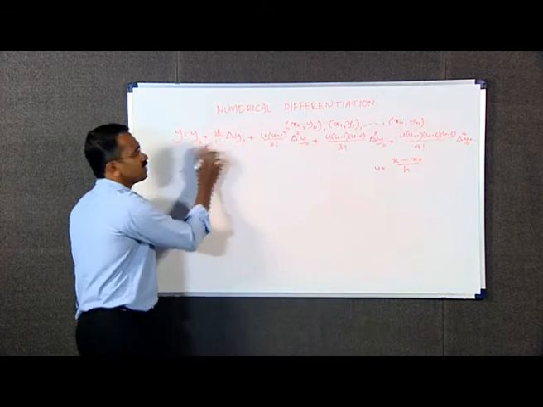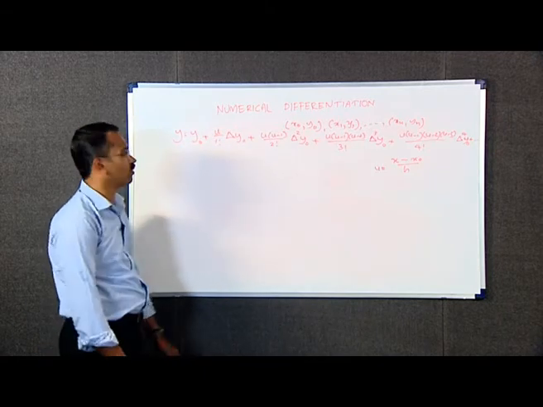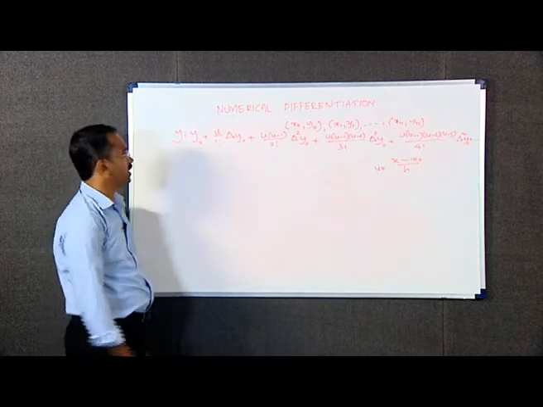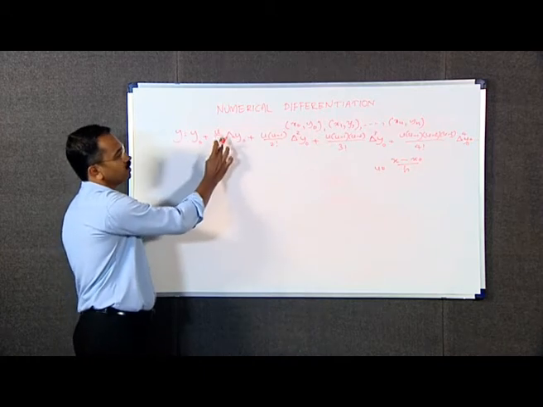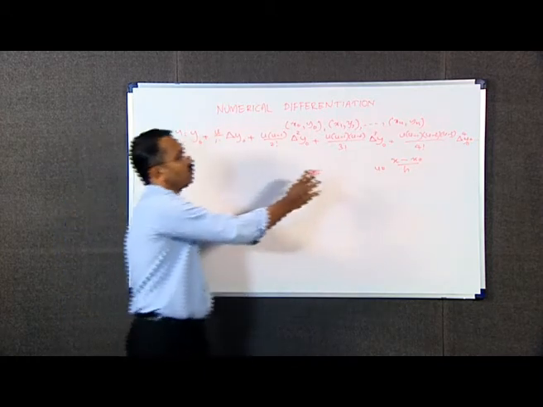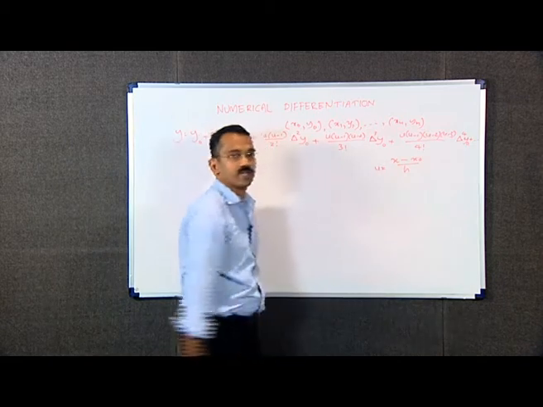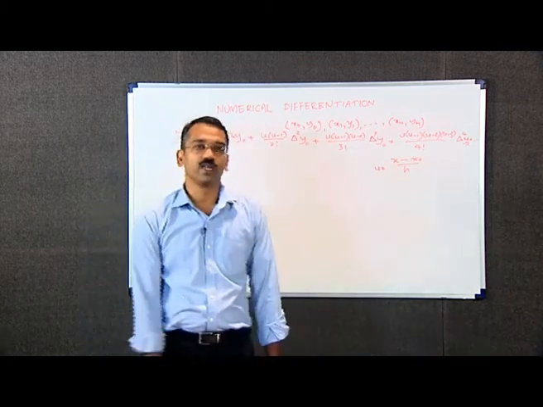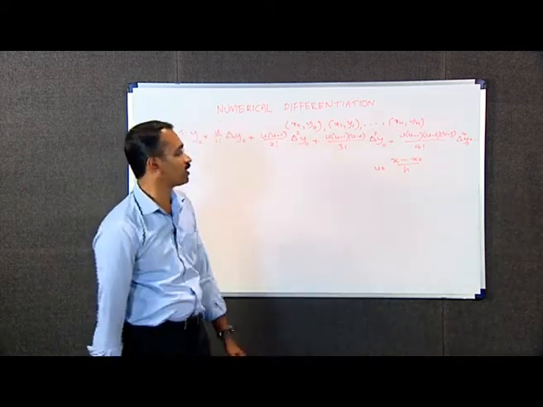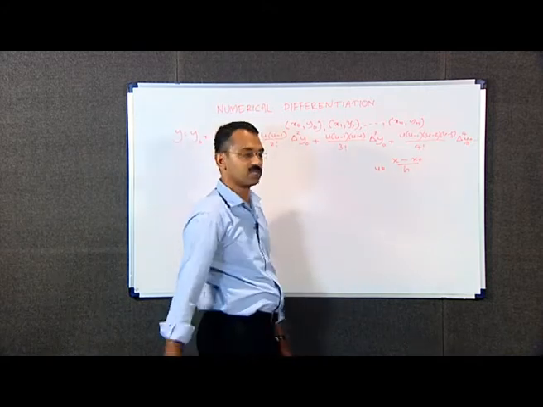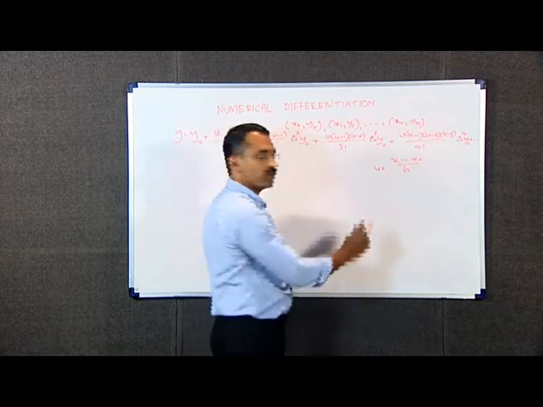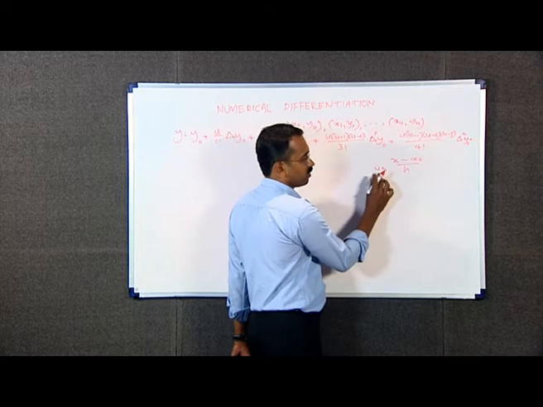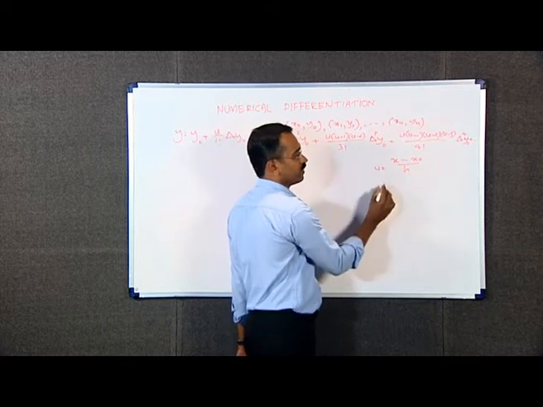Now, we differentiate this formula on both sides. Here y is a function of u, where u is a function of x. Therefore, we can use the function of function rule for differentiation. Here u equal to x minus x0 divided by h.